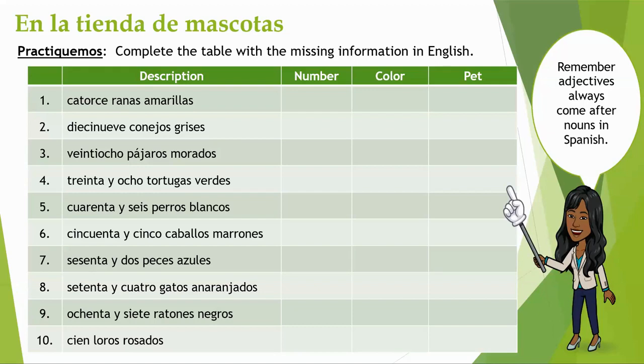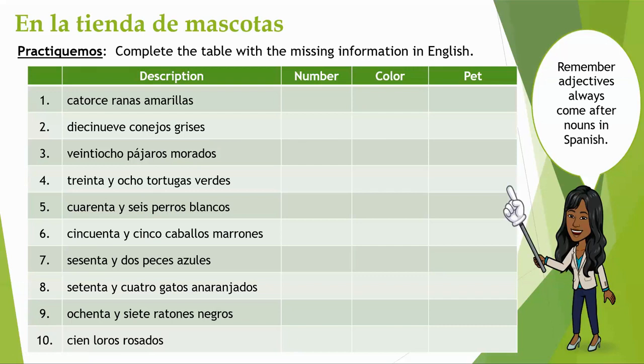55 caballos marrones. Kaden, I see your hand again. Okay, so who's that? Nakia, go ahead. Oh, sorry. Jaden, go ahead. Zanika, go ahead. 25 brown horse.